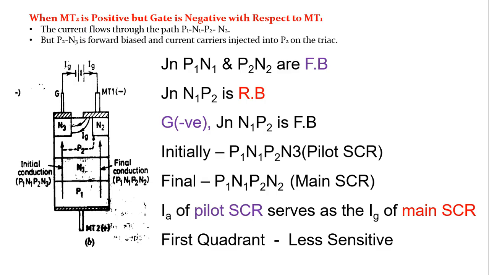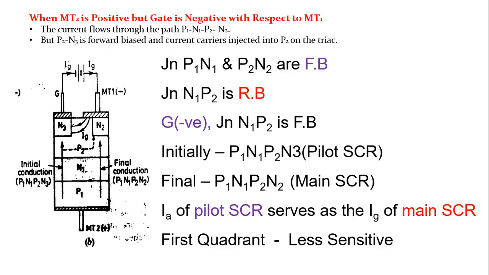Here the gate current is applied as negative, so the current will flow from the P2 to N3. For this condition, initially the current conduction starts in the layers P1, N1, P2, N3, so that it is called initial conduction of SCR, that is, it is called as pilot SCR.